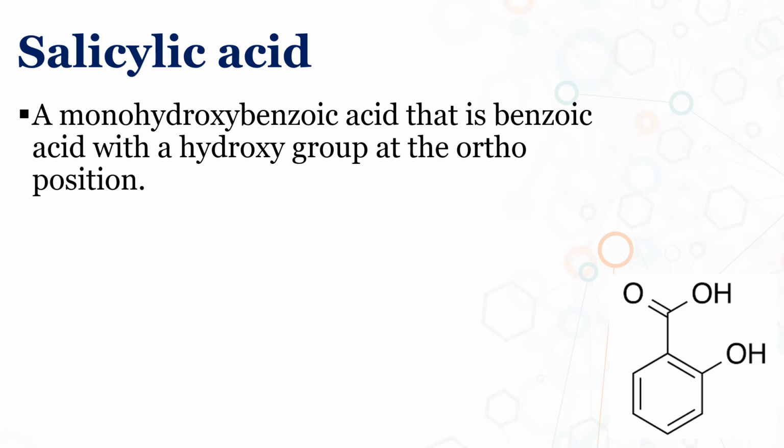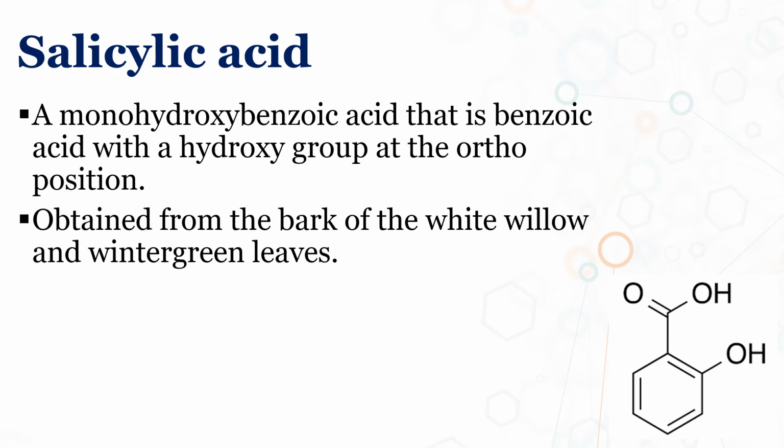As you can see in the photo, it is a benzene ring with the benzoic acid, with the hydroxy group at the ortho position. When we say ortho position, remember class that each corner is a carbon, so it's the adjacent carbon. One, two, so it has the hydroxy group at the ortho position.